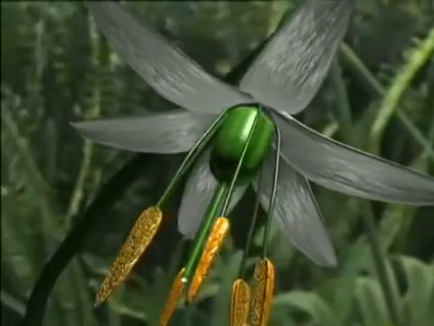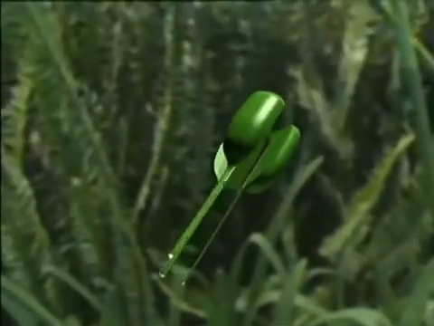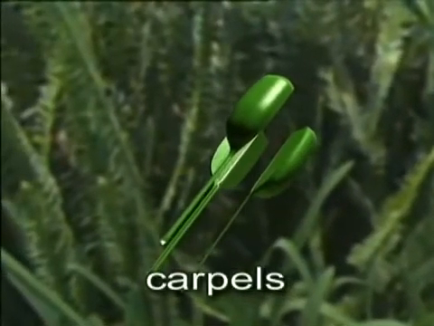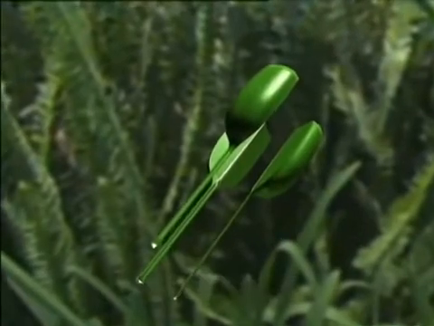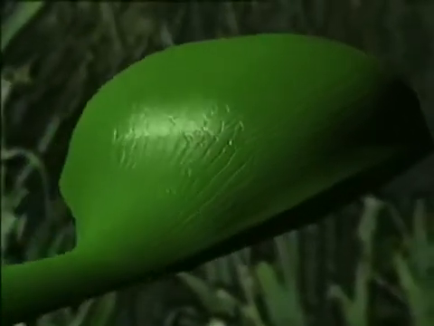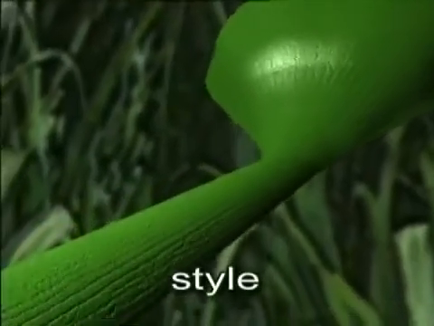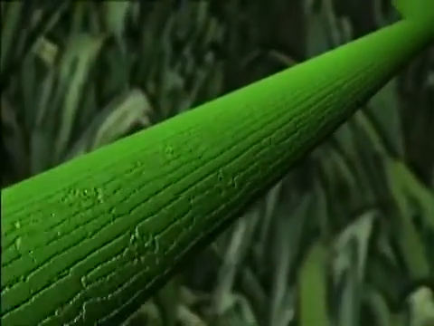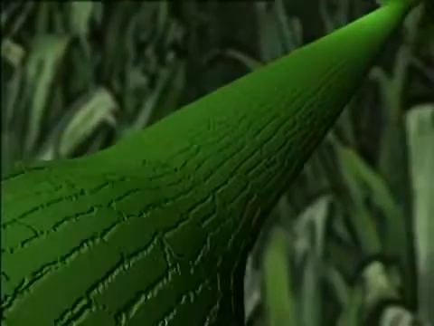At the center of the flower, there are 3 carpels. At the base of each carpel, there is an enlarged ovary. A slender style extends from the ovary. And at the tip of the style, there is a stigma.